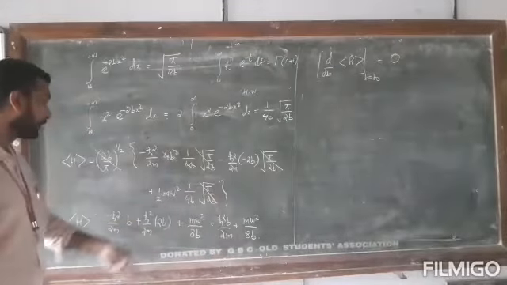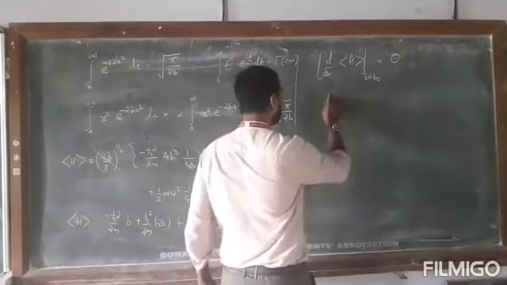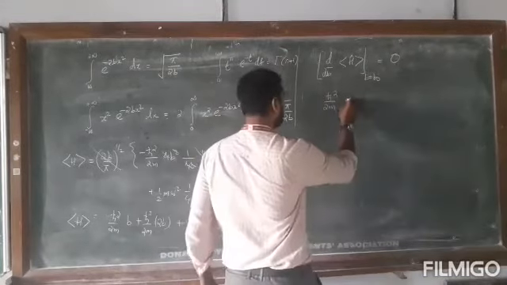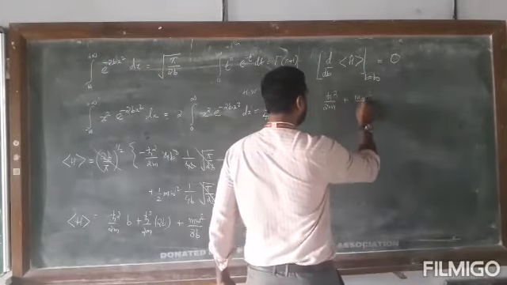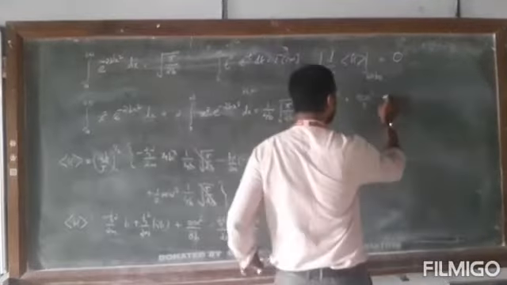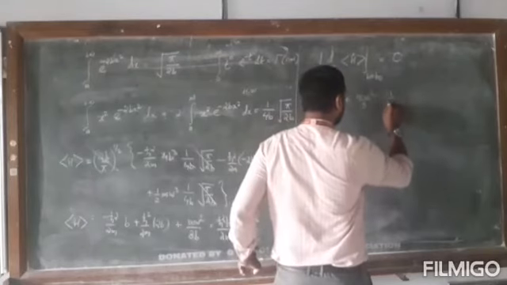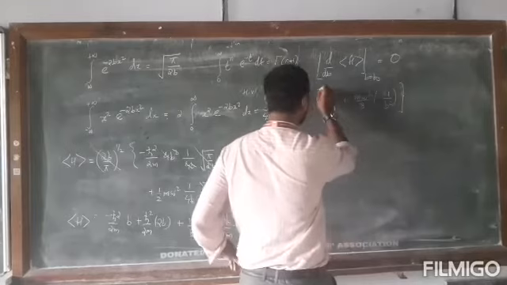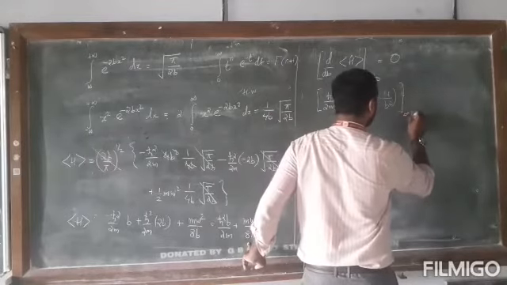If you find the derivative with respect to b, what will you get? ħ²/2m plus mω²/8 times the derivative of 1/b, which gives minus 1/b², and you have to put b equal to b0.